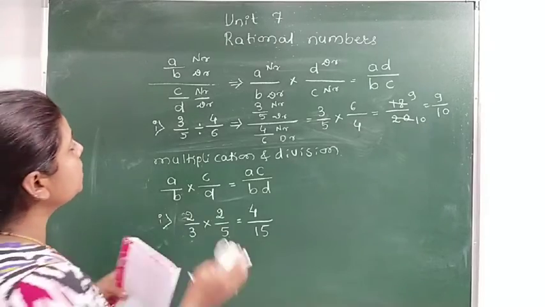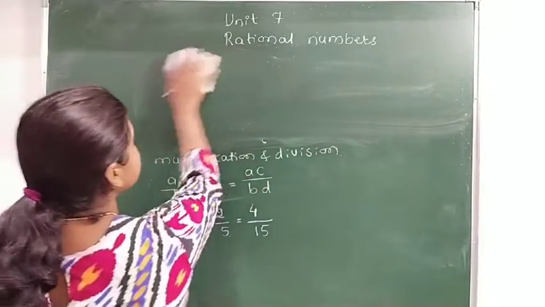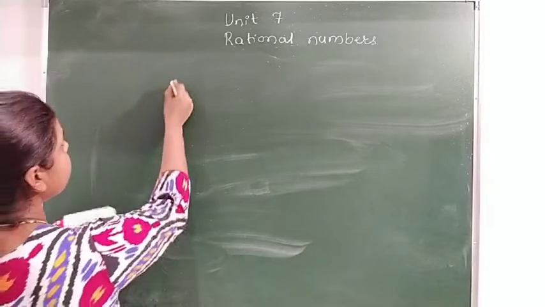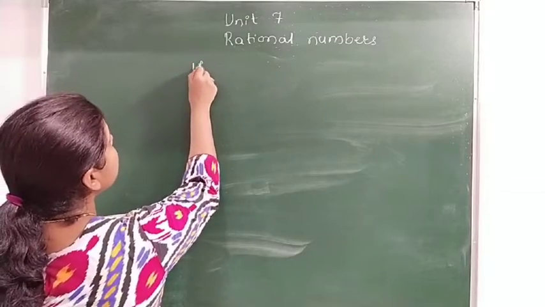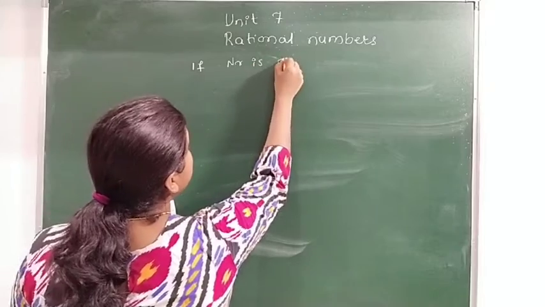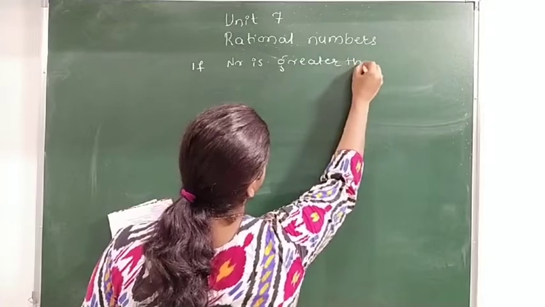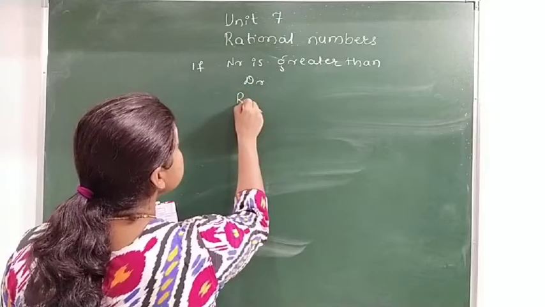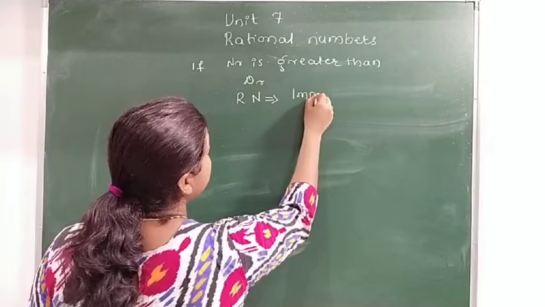Now if the numerator is greater than the denominator, that rational number we call an improper rational number.